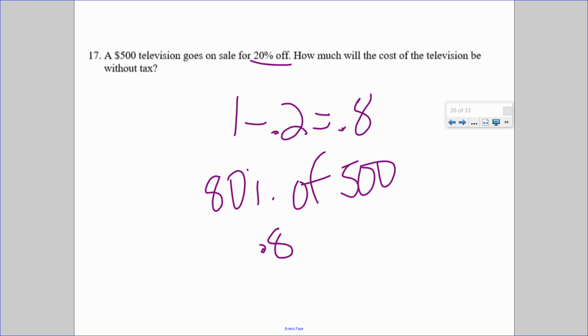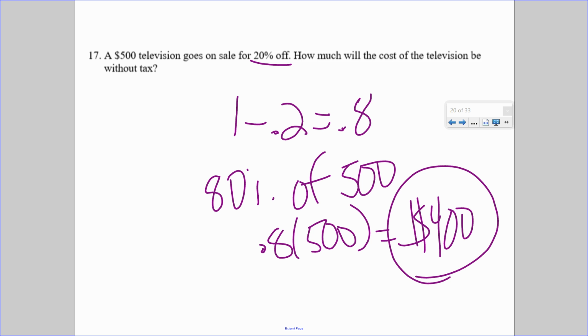So it's 0.8 times 500, which is 400. If it's 20% off, then I'm paying 80%. You can think of it as subtracting 20 from 100, or you can think of it as subtracting 0.2 from 1, either way, and you'll get your answer. Again, once you have your percent, you're just multiplying, which is what we've been doing all along.